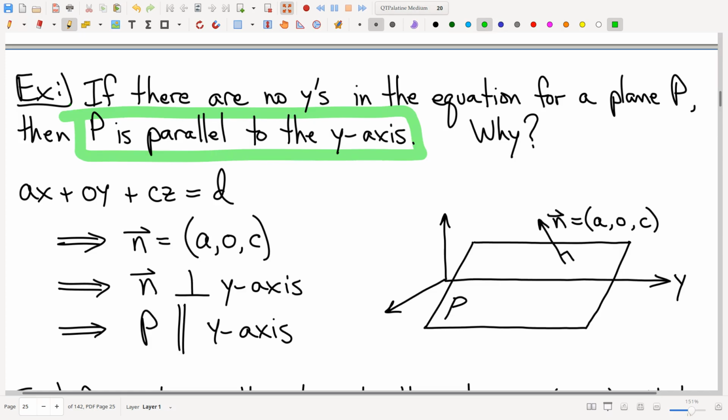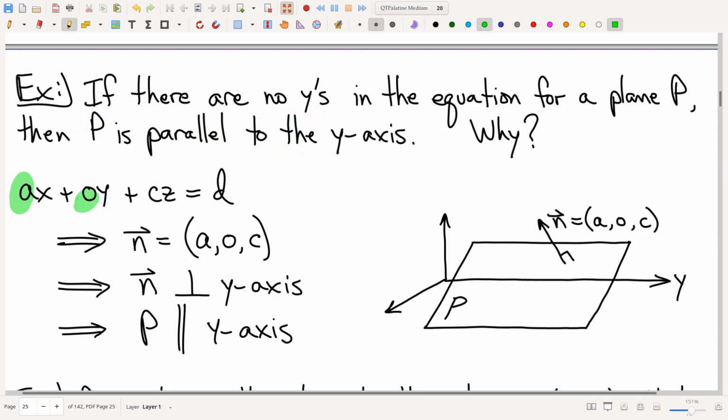I love it when stuff like this happens. Something that you can eyeball at a glance, and then you get a powerful geometric conclusion. Right? It's totally awesome. It's pretty easy to see why this is. No big deal. After all, we know that these coefficients tell me the normal vector, right?